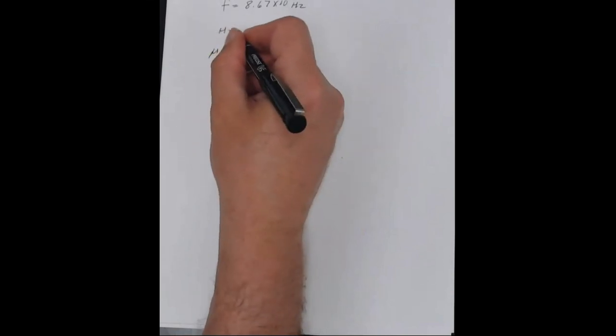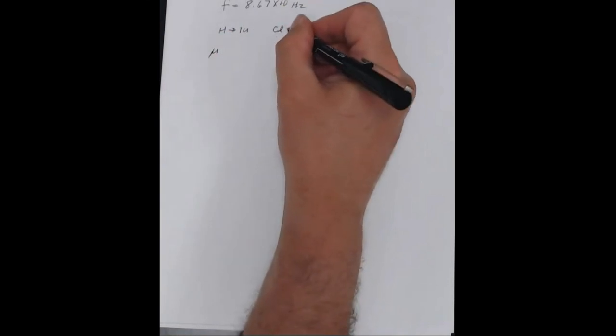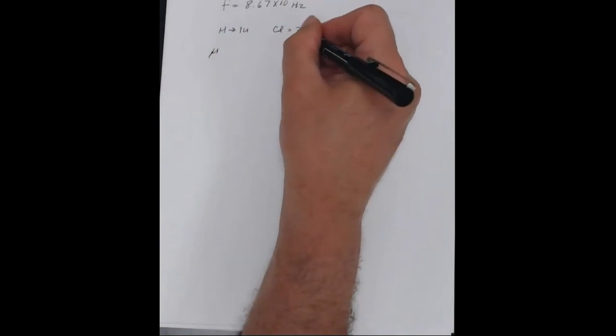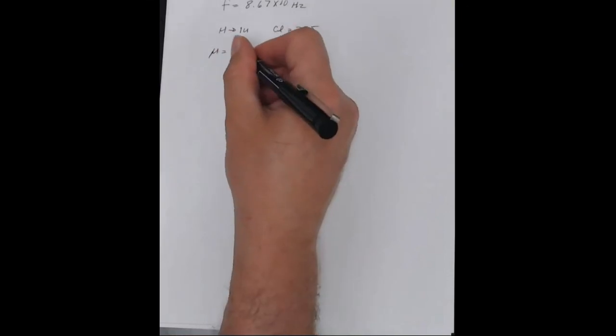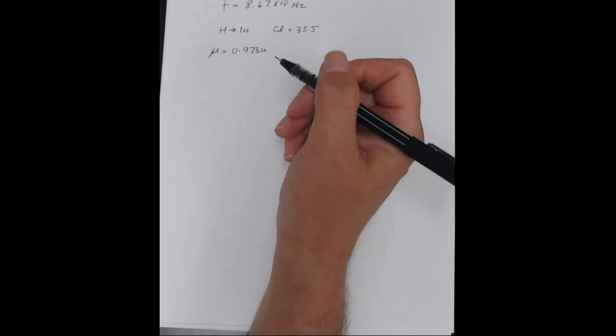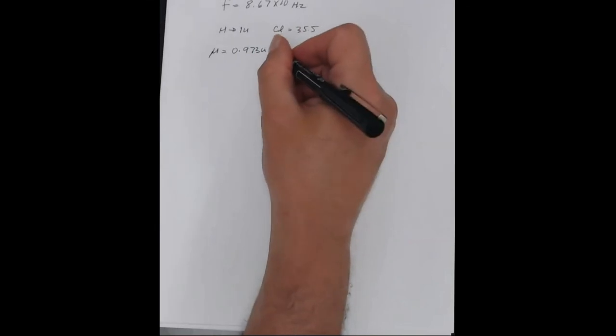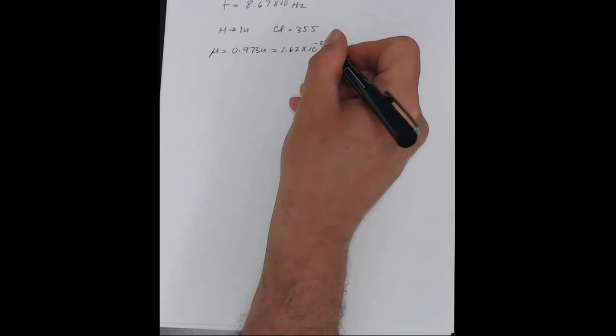Hydrogen mass is 1 atomic mass unit. For chlorine, it's about 35.5. So you get a μ of 0.973 when I put that in there. If I convert that to kilograms, it's 1.62 times 10 to the negative 27 kilograms, and that's what I'm going to want because I want to use SI units.